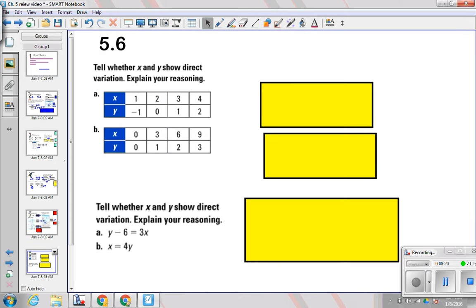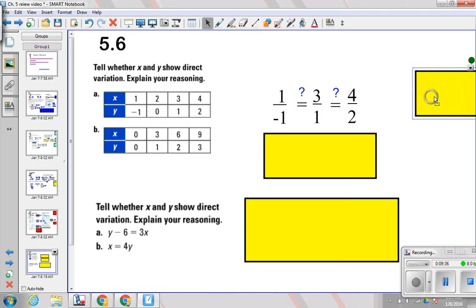Okay. In 5.6, we talked about those proportional relationships that have a special name, a direct variation. So we have to tell from a table whether we have a direct variation. What you want to do is see if all of the ratios of x to y are equal to each other. So is 1 over -1 going to be the same value as 3 over 1 or 4 over 2?